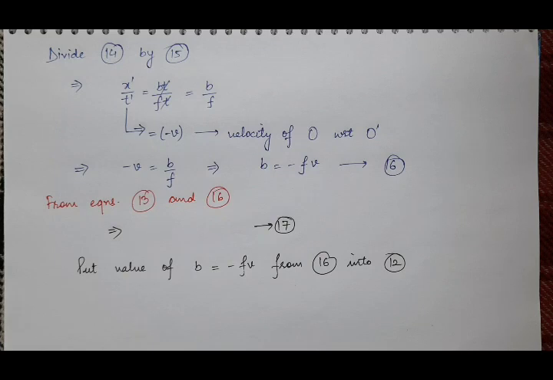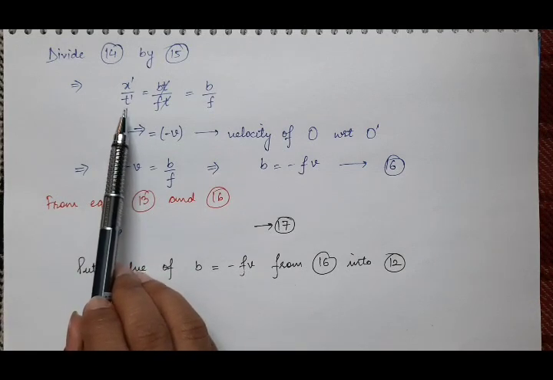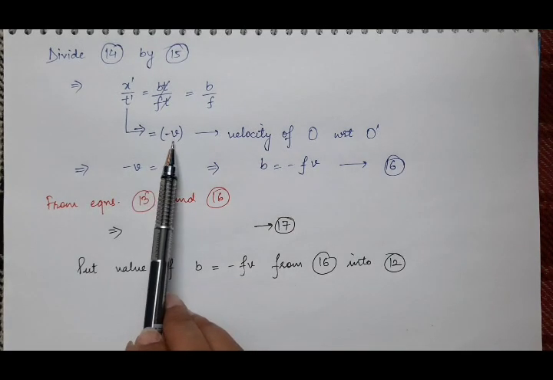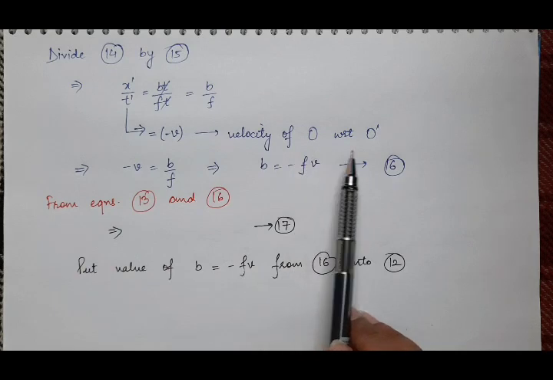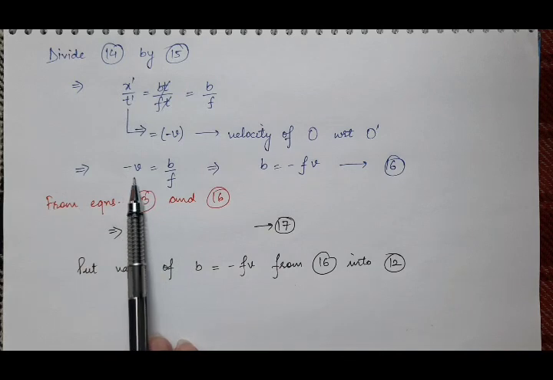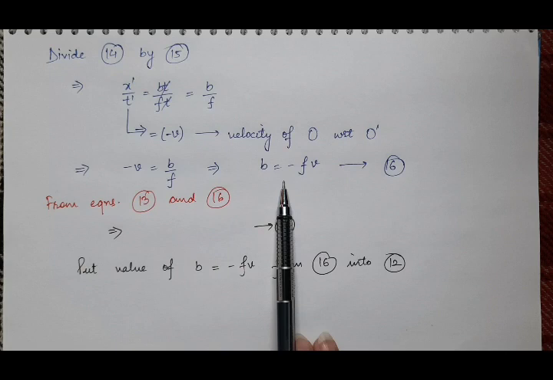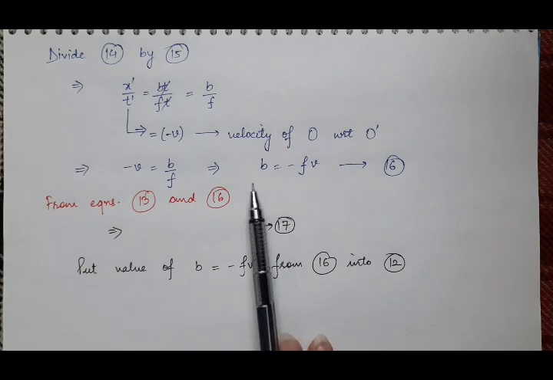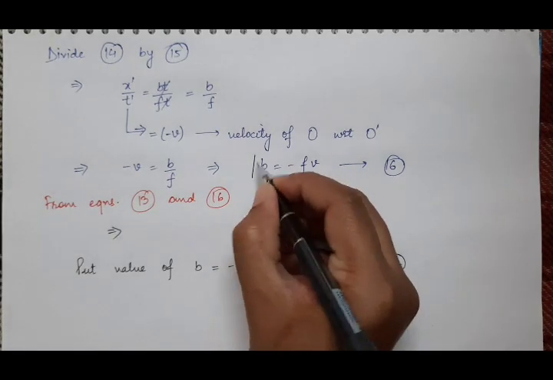As now we have considered the motion of frame S with respect to S dash, it is actually the velocity of frame S with respect to S dash along negative x-axis, which is minus v. Or you can say that it is the velocity of origin O of frame S with respect to origin O dash of frame S dash. So put this is equal to minus v and it is equal to b by f. Again, we have obtained the relation between two other unknowns, that is b and f, which is b is equal to minus fv, and suppose this as equation 16.